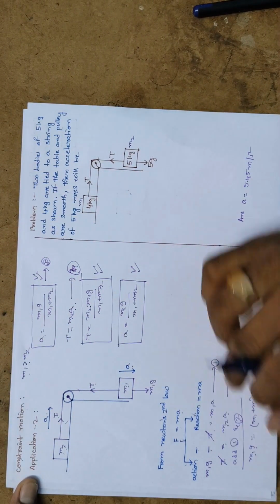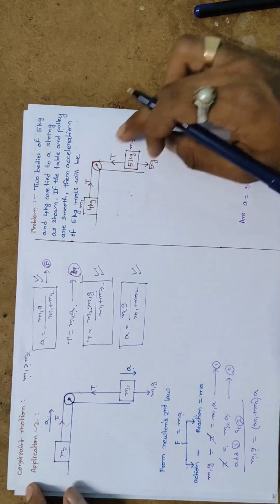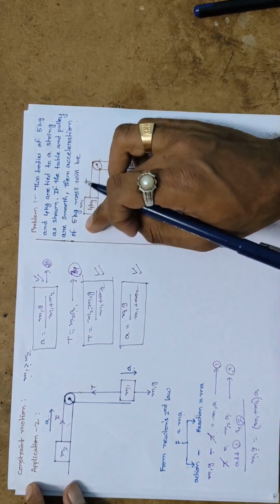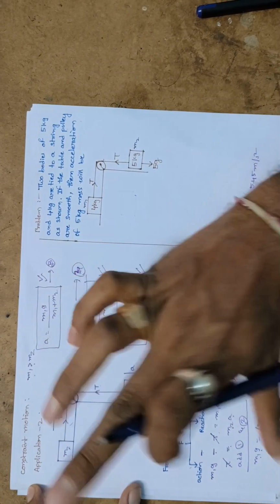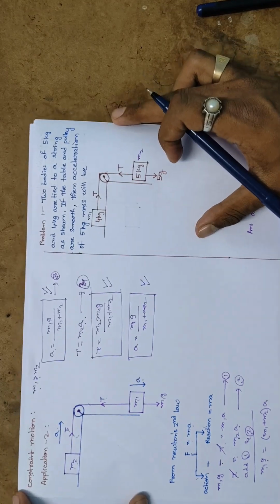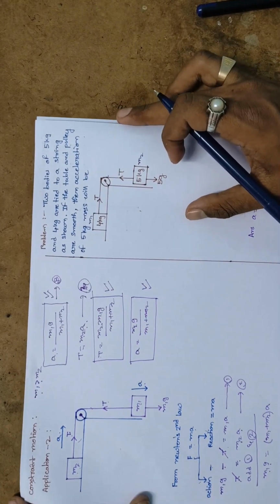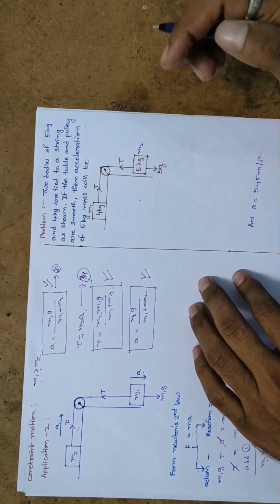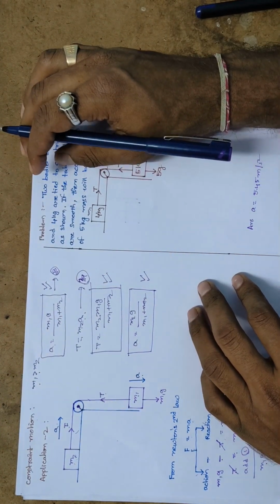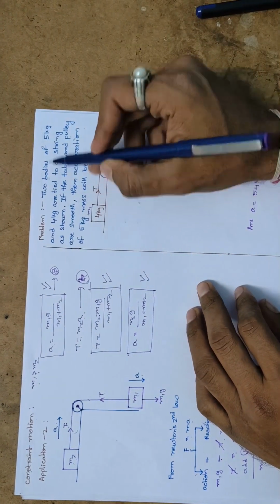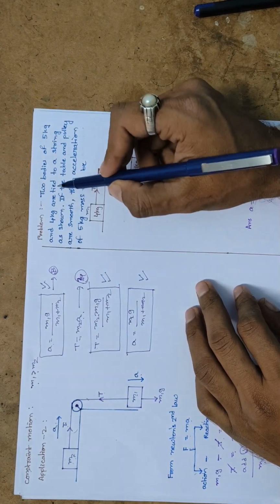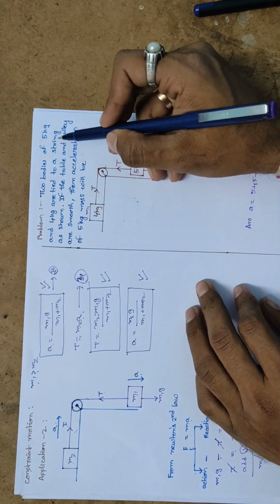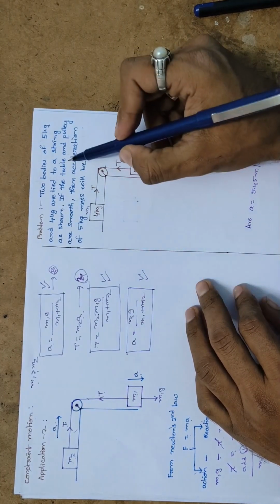Based on this application, I already wrote one problem here, because by solving this problem you can understand the clear content of this application. Okay, so let us see. The question is: two bodies of 5 kg and 4 kg are fixed to a string as shown in the figure.